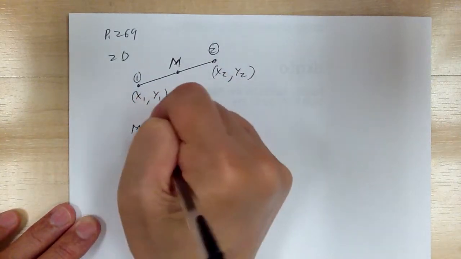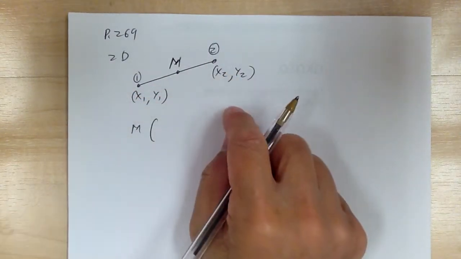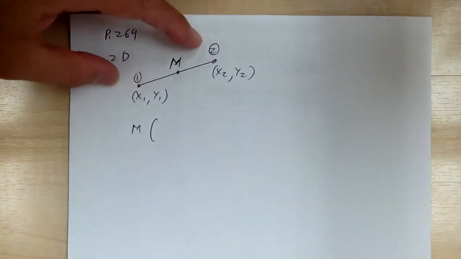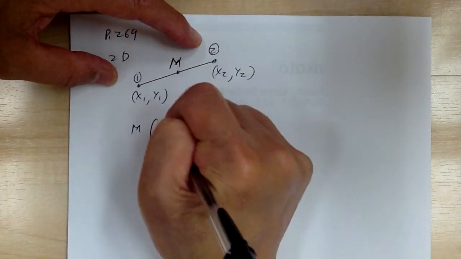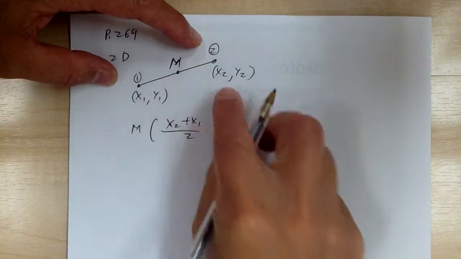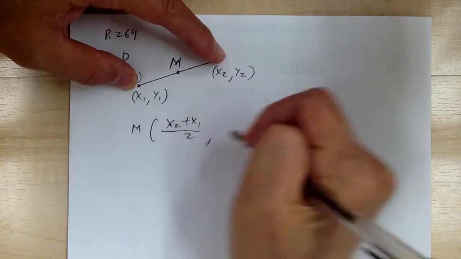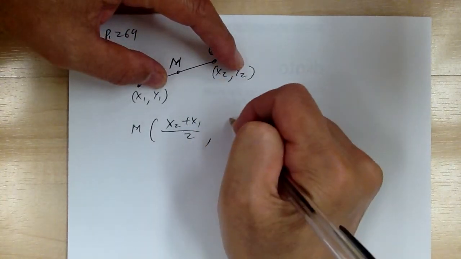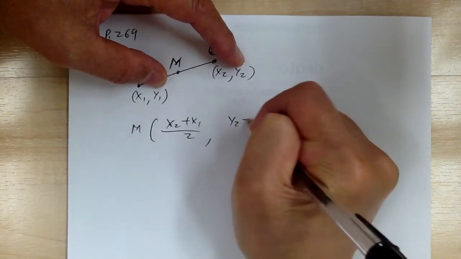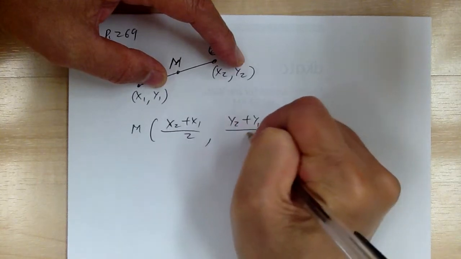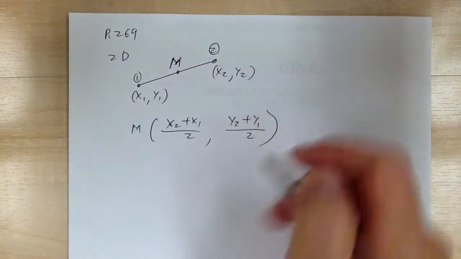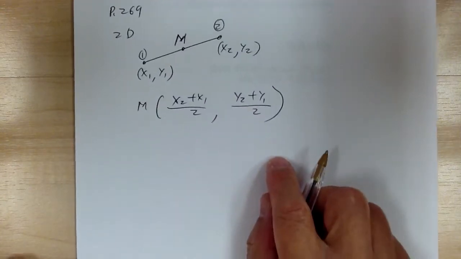So the coordinate of the midpoint would be the average of the two. Again, you average to get the middle. So you get x2 plus x1 over 2. You add and divide by 2, that's your average. And then for the y, do the same thing, y2 plus y1 over 2, right? Again, the midpoint is the average. So this is for two dimensions.